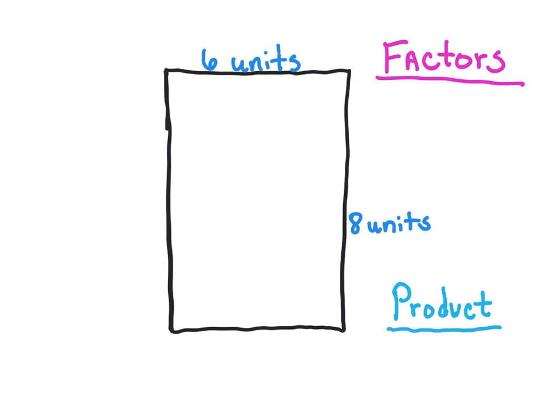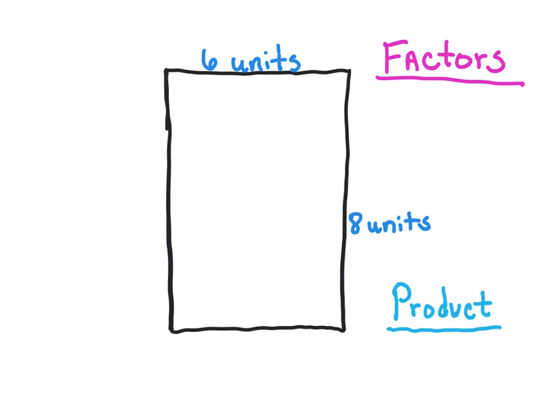But before we do that, I would like you to understand that when we find the area and we use multiplication, the numbers that we multiply together are called factors. And when we get an answer in a multiplication problem, it is called the product. So we want to get into the habit of saying those words when we are figuring out the area.